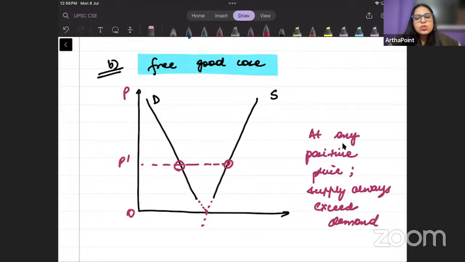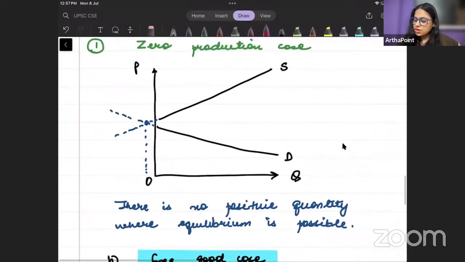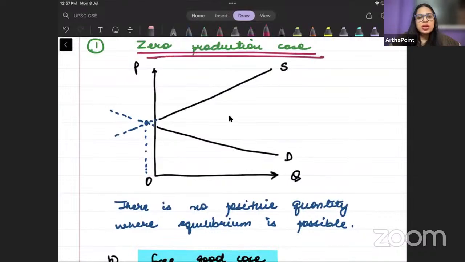So these are two extreme cases where equilibrium is not possible, where either the good available is free of cost, the supply is always more than demand, or there is zero production in the economy.